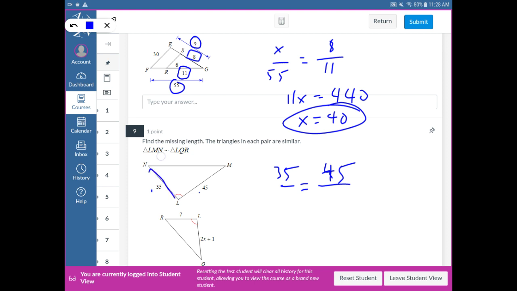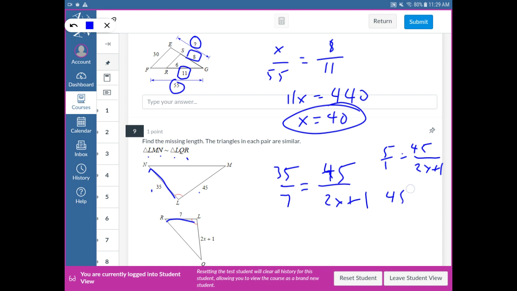So 15 over x equals 9 over 12. I'm going to reduce that 9 over 12 because I like easy numbers. So 9 over 12 reduces to 3 over 4. So 15 over x equals 3 over 4. So 3x equals 60, and then x equals 20.